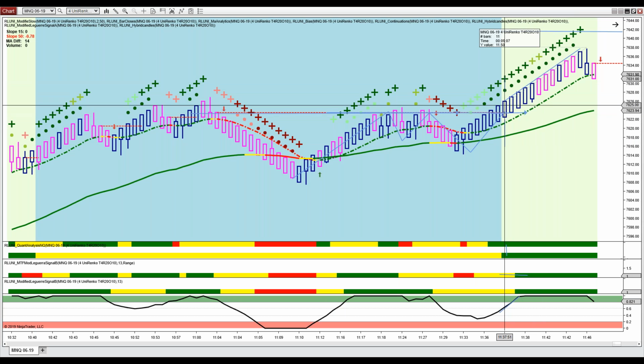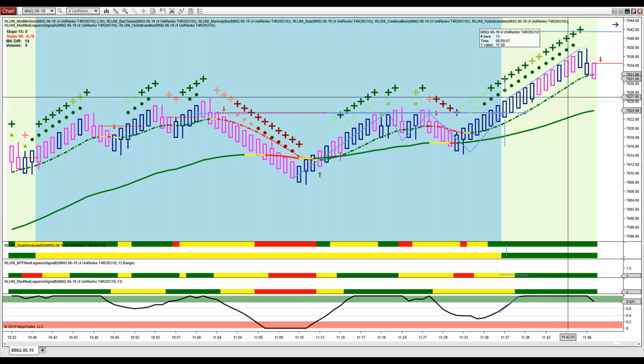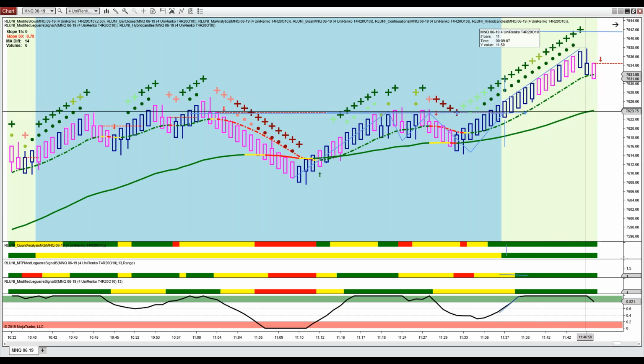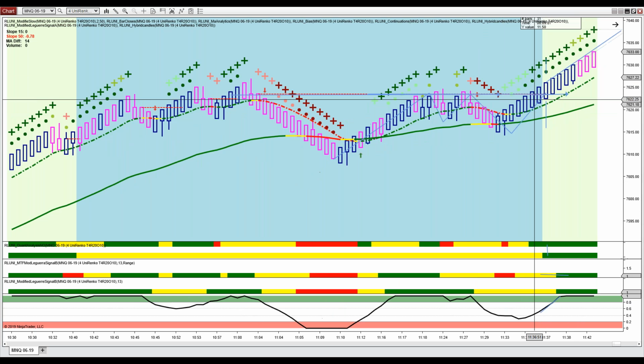If your entry is blue, order flow is in your direction, you're good to go. And order flow is kind of the quirkiest assessment, and it's the most difficult to get a grasp of, because if the moving average is kind of flat, it can jockey it around, and order flow is the most labile of all the assessments we make.